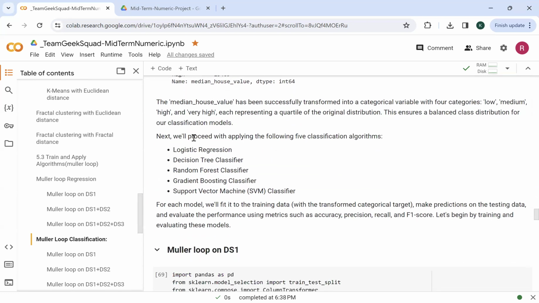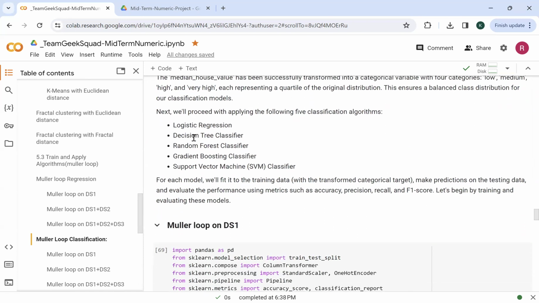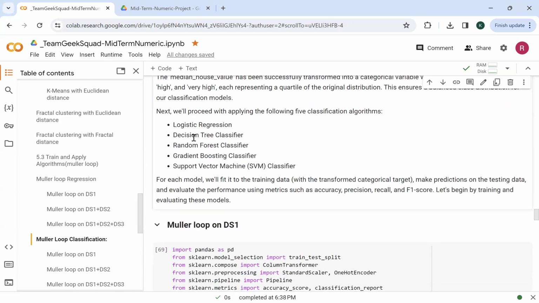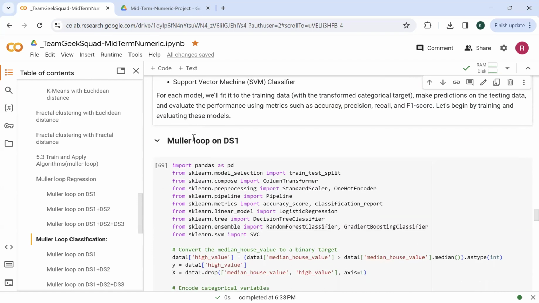Here we have taken a few algorithms to perform the classification. For each model, we'll fit the training data with the transformed categorical target, make predictions on the testing data and evaluate the performance using metrics such as accuracy, precision, recall, and F1 score. Let's begin by training and evaluating these models.